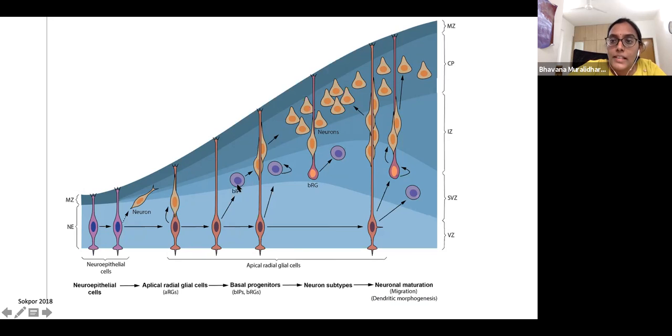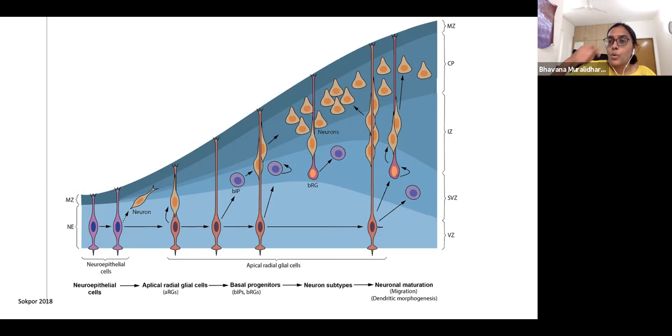The reason they are called basal is simply because they don't have that apical process and they migrate towards the basal end of the cortex. So these are called basal intermediate progenitors. Now, as I said, these progenitors are restrictive in their potential in that they only undergo one or two divisions maximum. And sometimes, in fact, they directly divide and form two neurons.